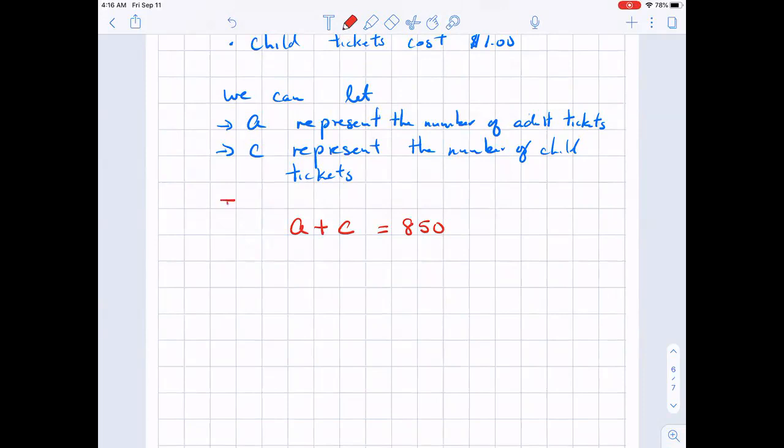The number of tickets sold, X or A plus Y or C, is equal to 850. So you didn't have to use A and C. You could have used X and Y if you choose to. Just make sure you know what variable you're using, because at the end of the problem, you will have to say. Okay?